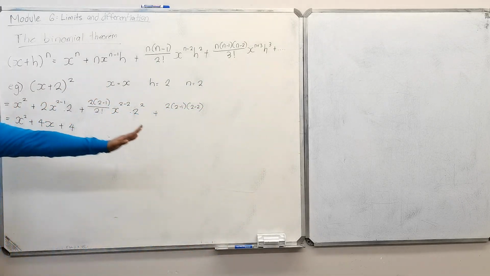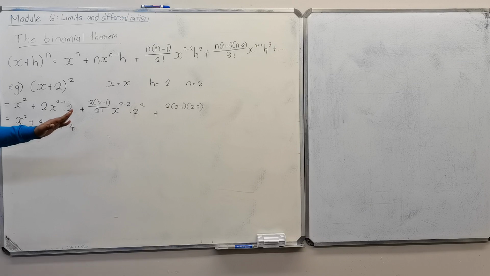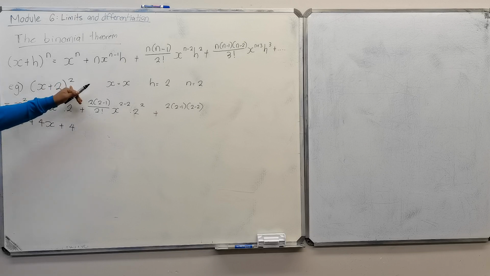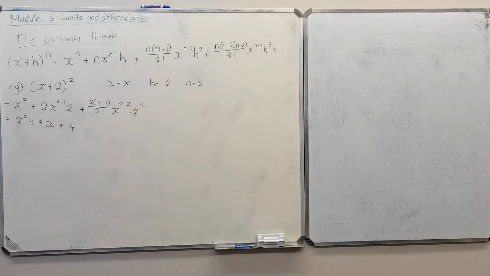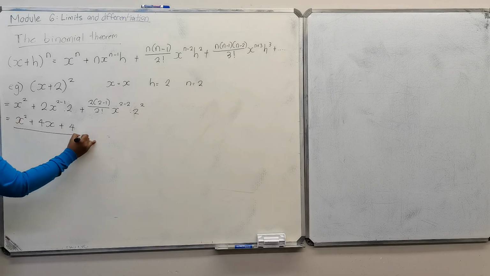So you're not going to get any term past that point. So this one ends like that because of your n value, which is only 2. So you'll stop with 3 terms in this instance. That's how you would use the binomial theorem to solve for that.